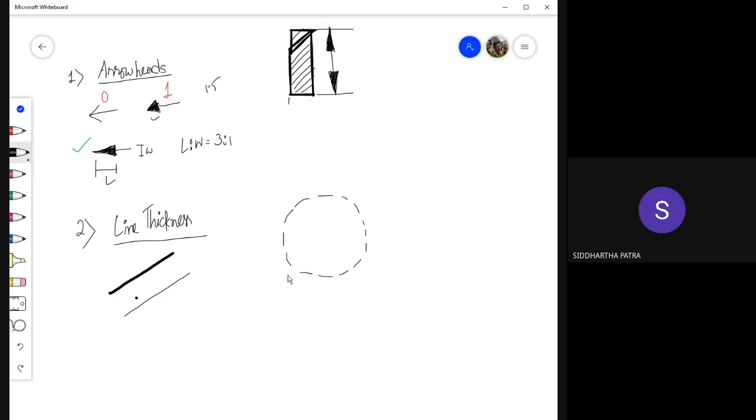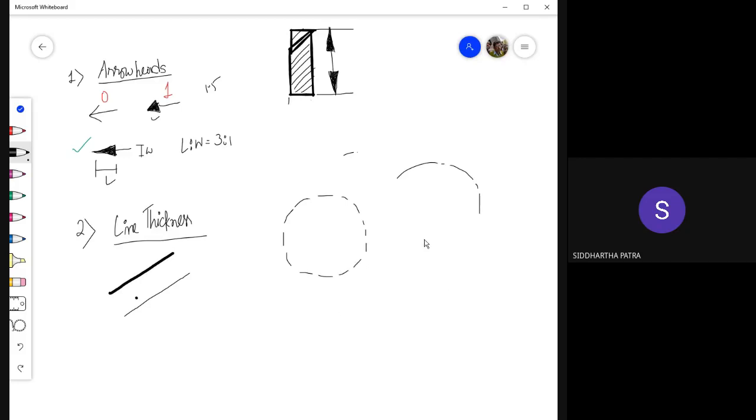Whether you are drawing a hidden line, or for example a center line for drawing the PCD, pitch circle diameter, or a simple thin circular line, that becomes a problem. Particularly with hidden line and center line, it becomes a problem. I do understand that it's not possible for you to maintain the uniformity.